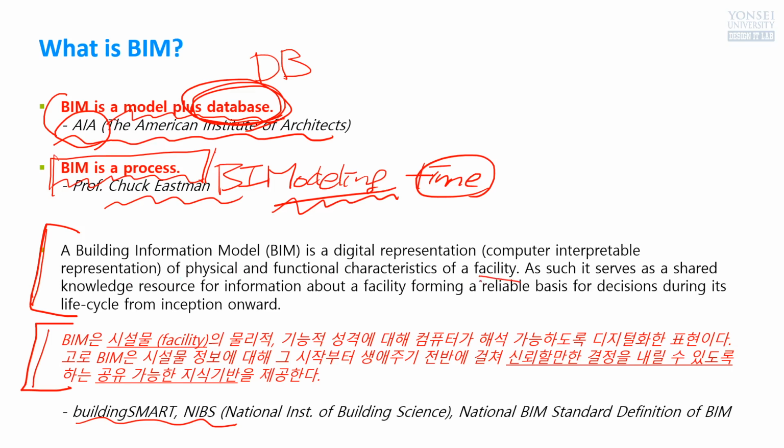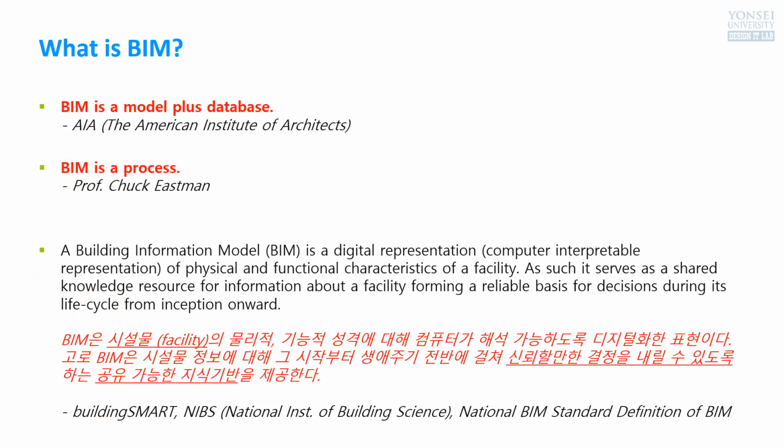I mentioned you before, facility means here building. As such, it serves a shared knowledge resource for information about a facility, forming a reliable basis for decision making during its life cycle. Another very important keyword is here, from inception onward. Okay, so this is very good formal definition about BIM, and brief definition also you need to take a look.